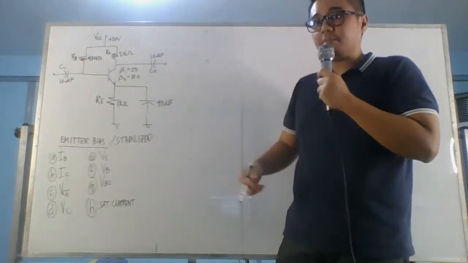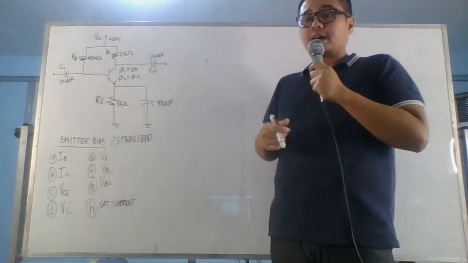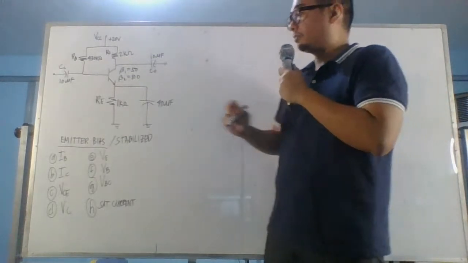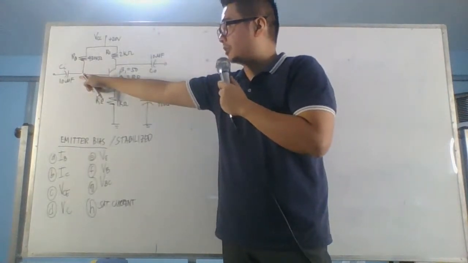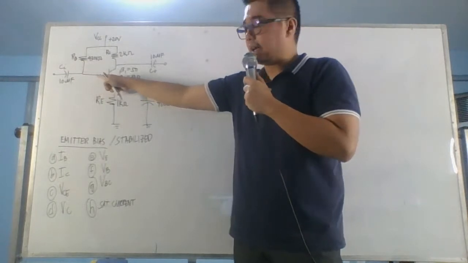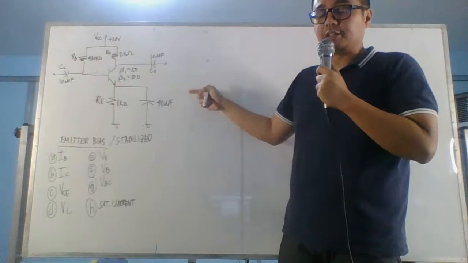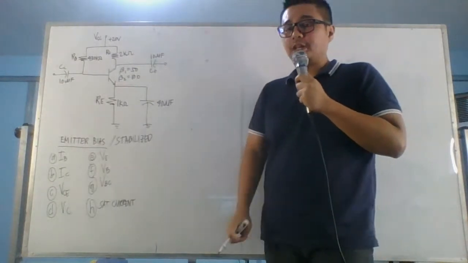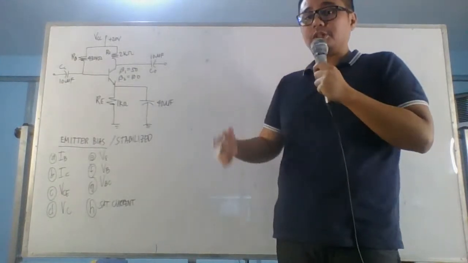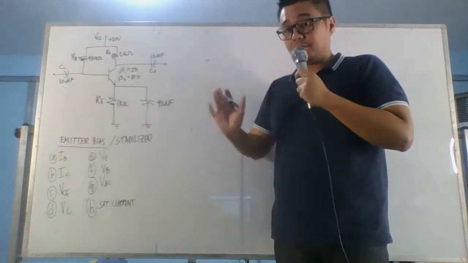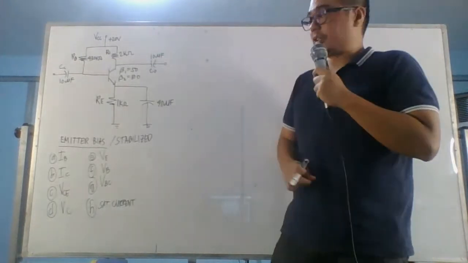So doon natin malalaman if it is common emitter. Kapag common collector, ganito. Ang input coupling capacitor is connected sa base, ang output coupling capacitor is connected sa emitter. Okay, so that is how we differentiate the common emitter from the common collector. Kasi magkamukha nga sila ng itsura ng circuit.